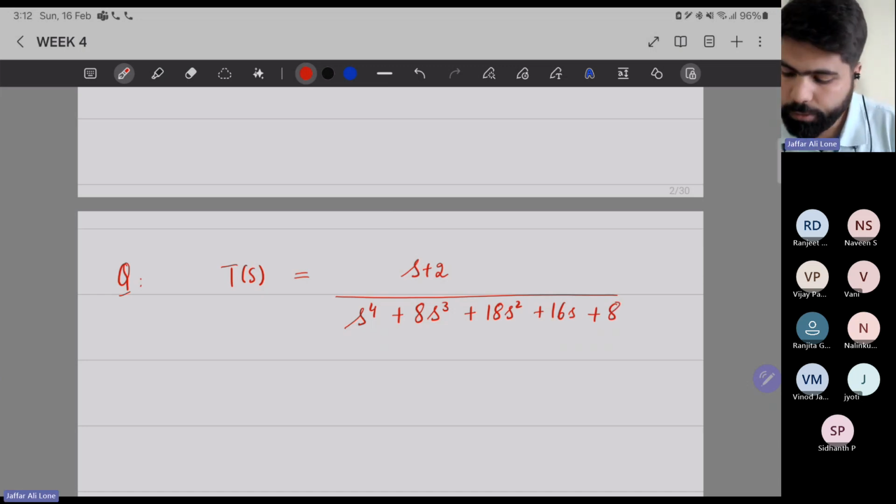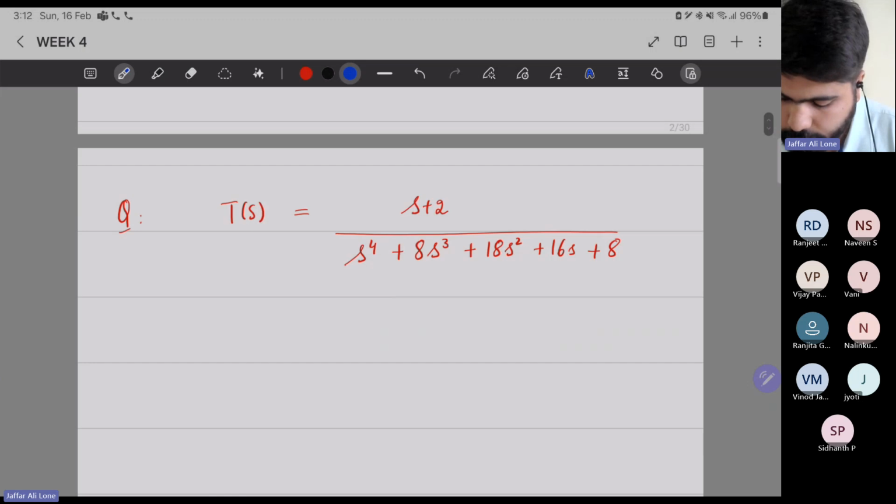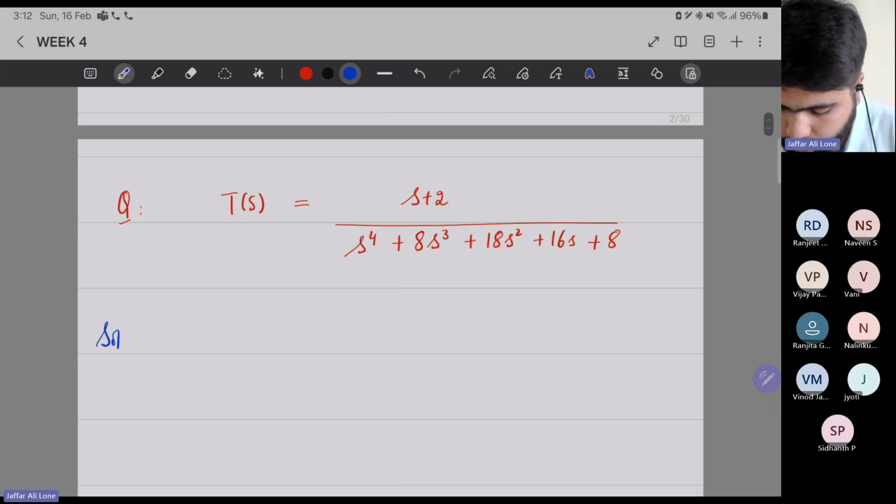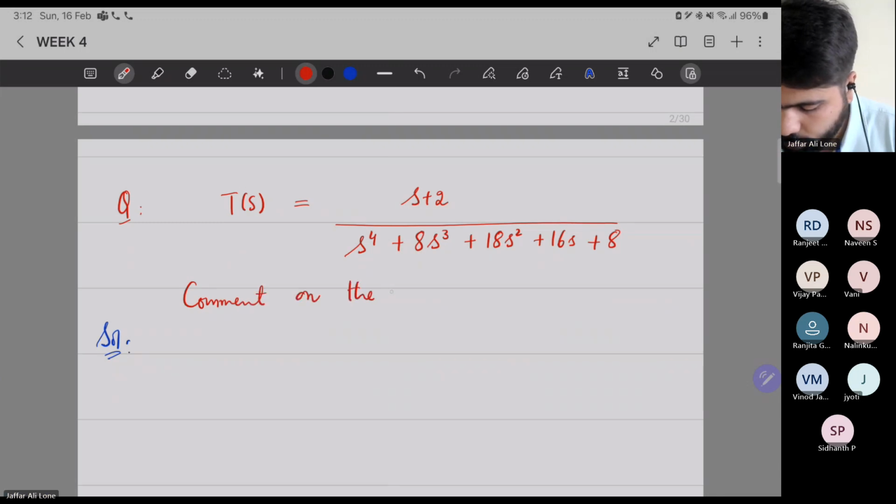Right? So we are given this closed loop transfer function, and we have to comment on the stability of the system.